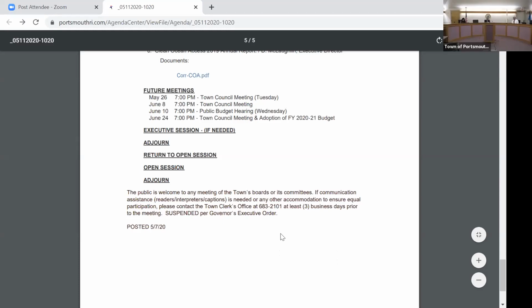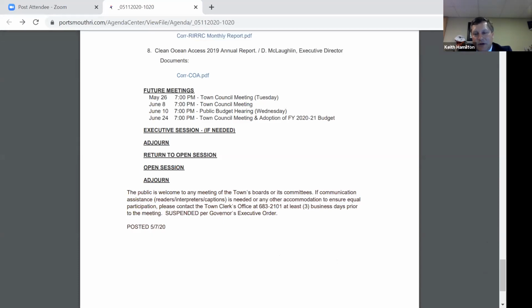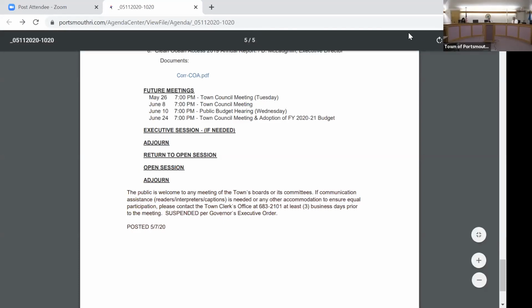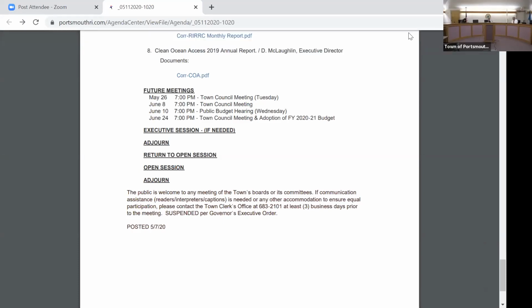Do you want to try the middle of the week, the Wednesday? I think that gives the town clerk the most flexibility to see what comes in by Friday. Can we do Wednesday the 20th? That's doable.